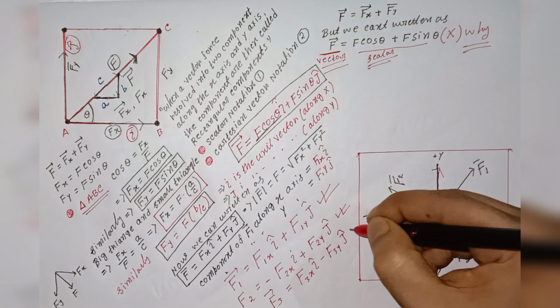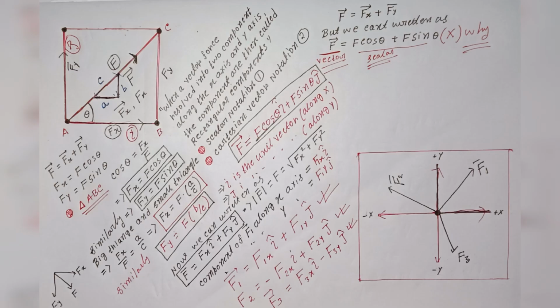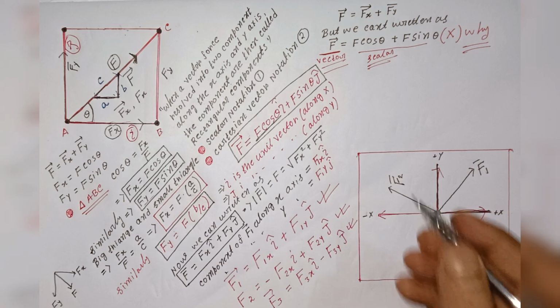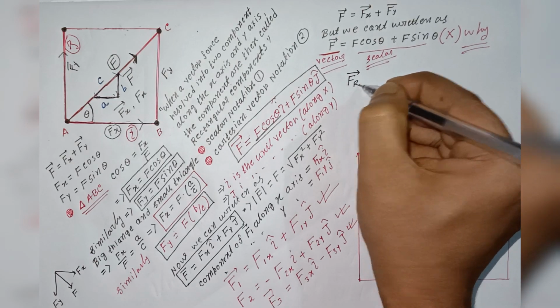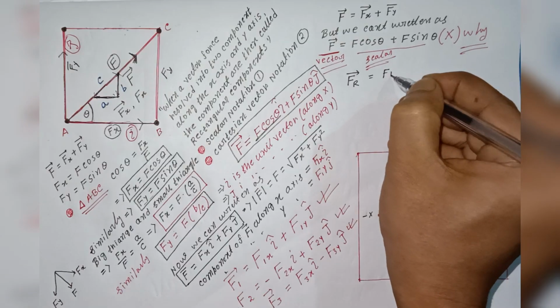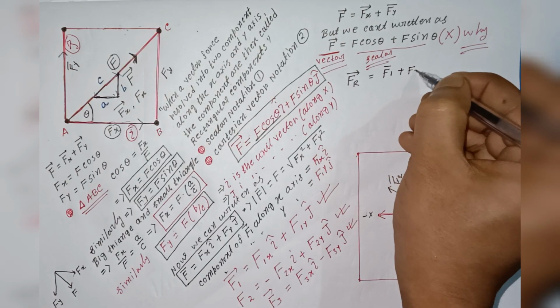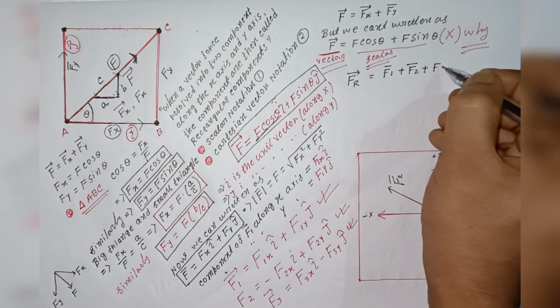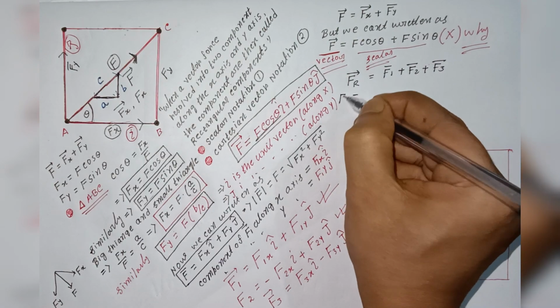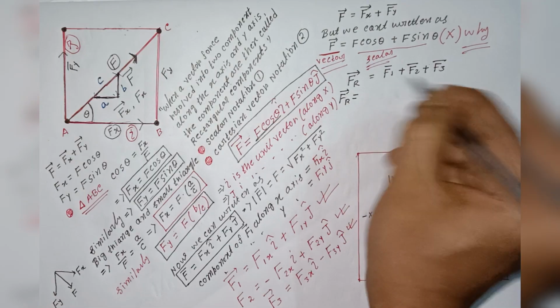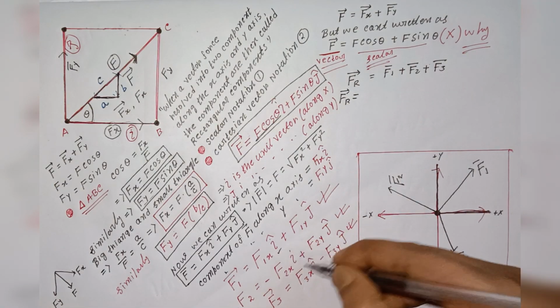So we have to add the three vectors f1, f2, f3. Then we will get the resultant vector fr. fr vector equal to f1 vector plus f2 vector plus f3 vector. Vector addition rule: if two or more vectors are available, then just add them.